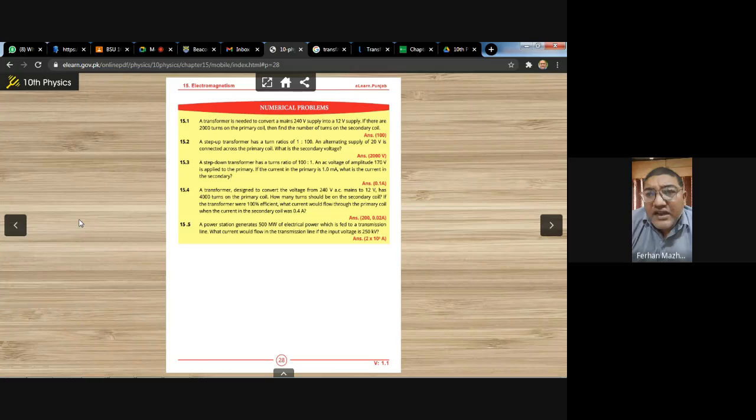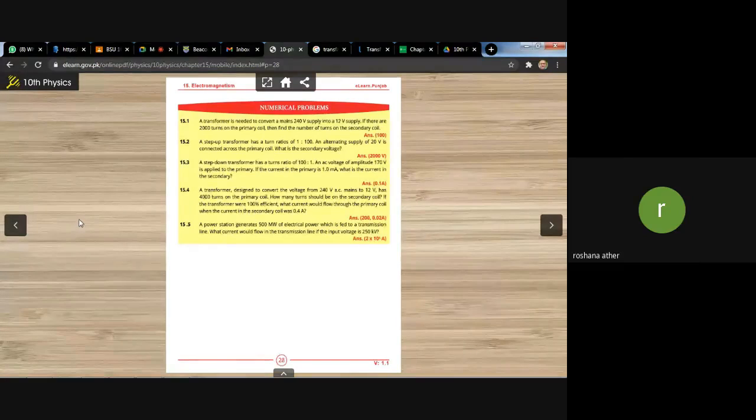If the current in the primary is 1.0 milliamp, so the current in the primary IP is 1 milliampere. What is the current in the secondary? The IS is the question. Do you understand the statement of the question? What is the data given and what is the question asked?